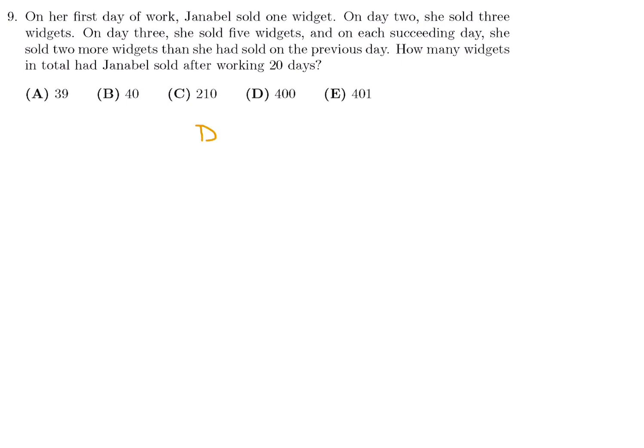So we have the day, and then we have the number of widgets that she sold. So it's basically 1, 2, 3, all the way till n, and then we have 20 at the end. And then it looks like 1, 3, 5, and then it basically looks like 2n minus 1, right? Because you're going up by 2 every time. So for 20, it would be 39.